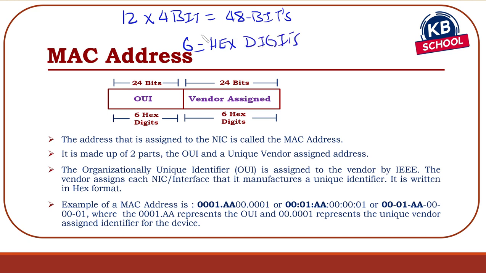The 12 hex digits are broken down into 2 parts. The first 6 are the vendor ID, called the OUI, organizationally unique identifier, which I call the vendor ID because it's the ID for the vendor. The next 6 hex digits are the unique identifier for the interface manufactured by the vendor.